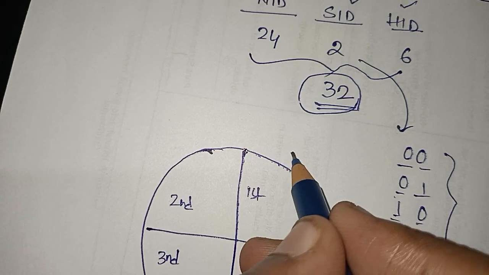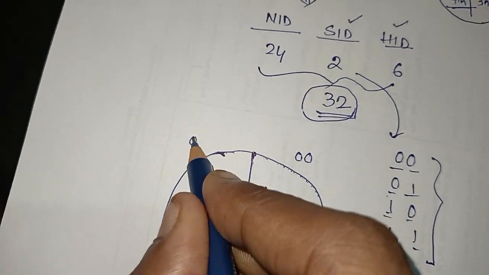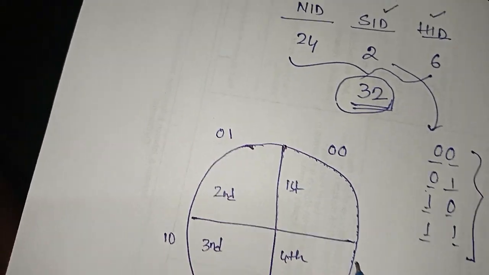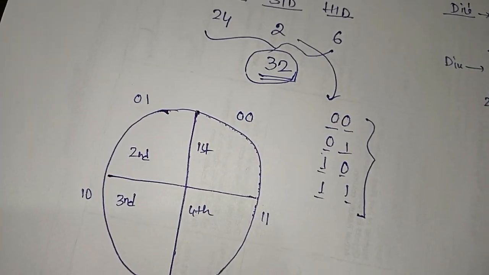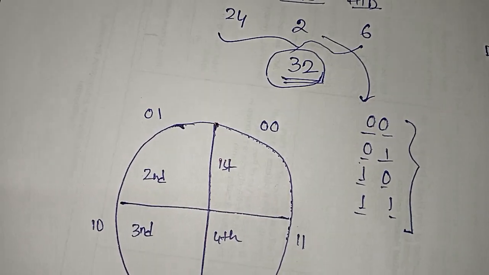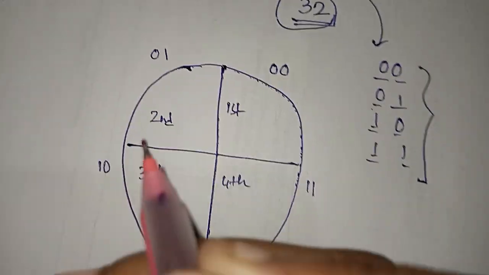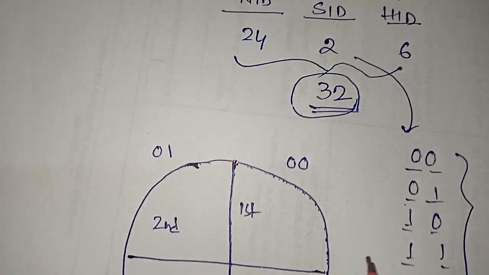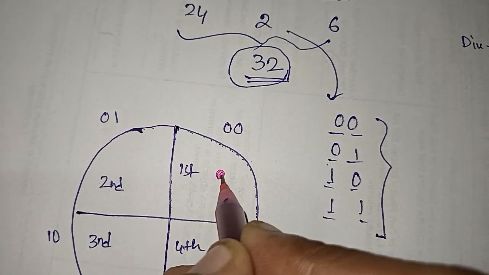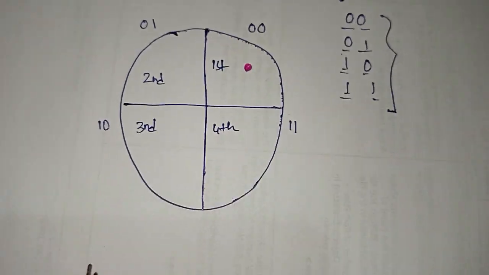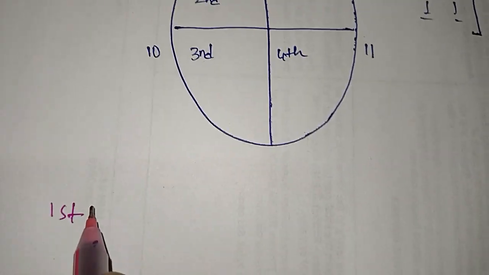If the subnet bits are 00 for the first, then this is 01, this is 10, and this is 11. Let us consider that, and discuss in detail the first subnetwork.